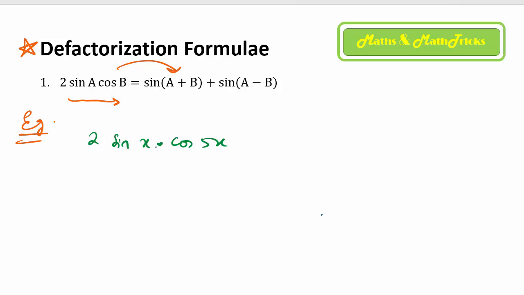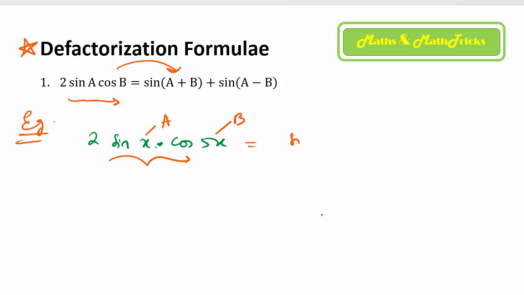You know very well that sine into cos are the terms in the compound angle formula for sine. And I can easily get the product of sine and cos by using the sine of a plus b and sine of a minus b formula. As I want 2 times sine x into cos 5x, I can say a is the angle x and b is the angle 5x.